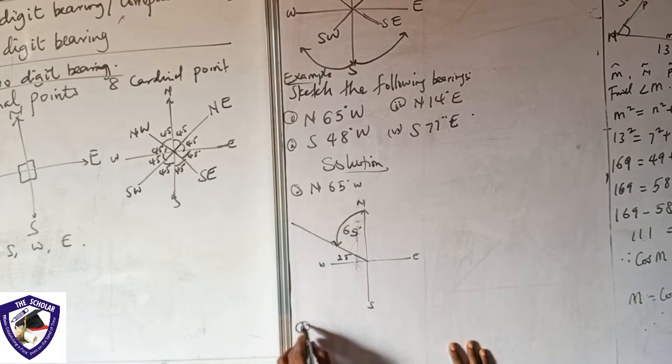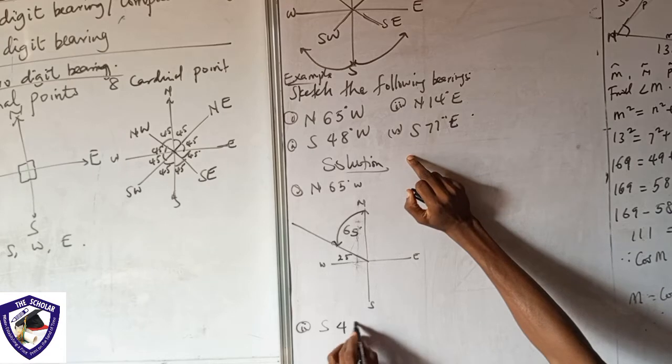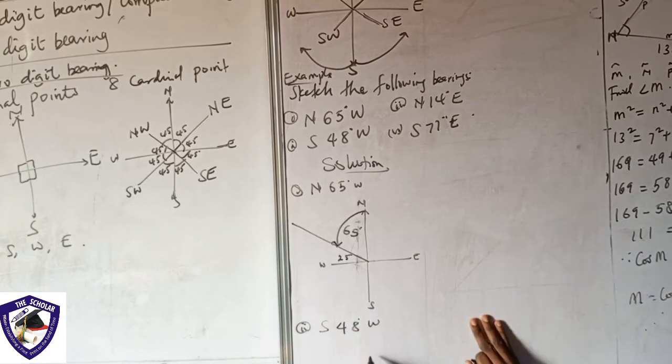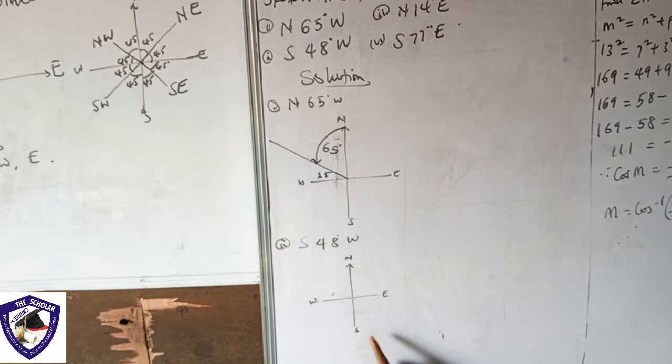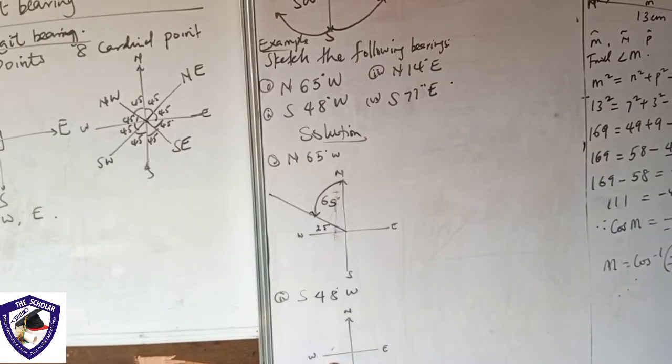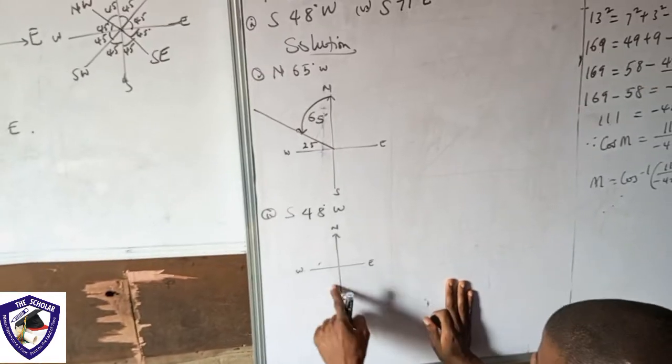For the second one, you do the same thing. South 48 degrees west. You sketch your diagram again, put in the cardinal points, north, south, west, and east. Now, go to southwest. So the angle will be here, southwest. Is it going to be inside or outside?